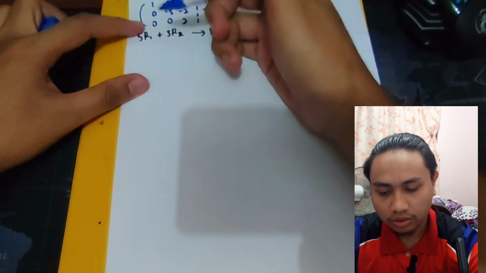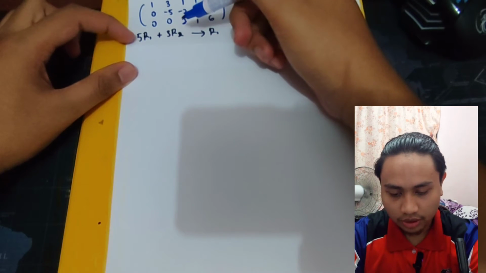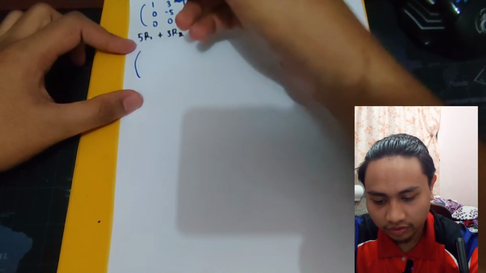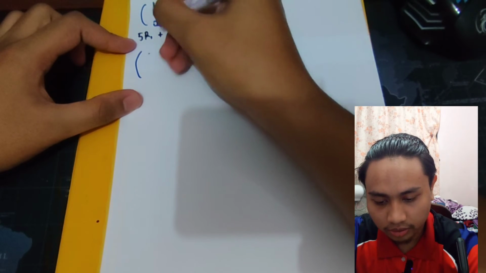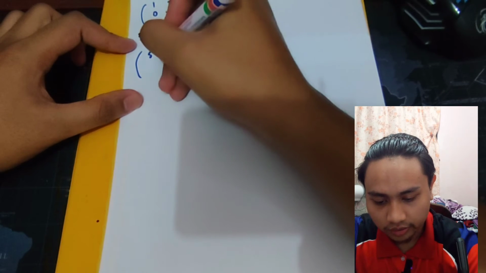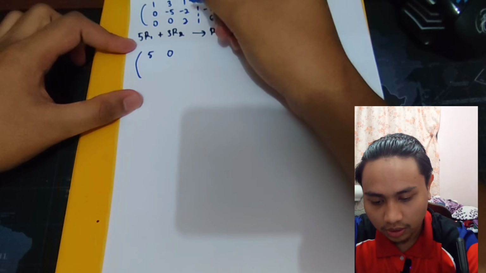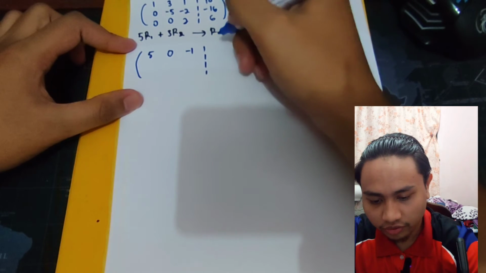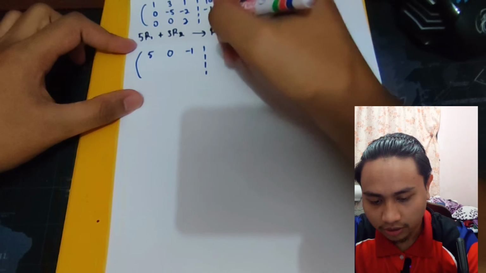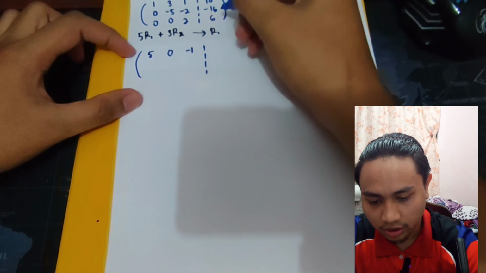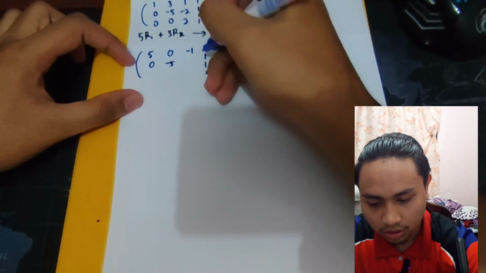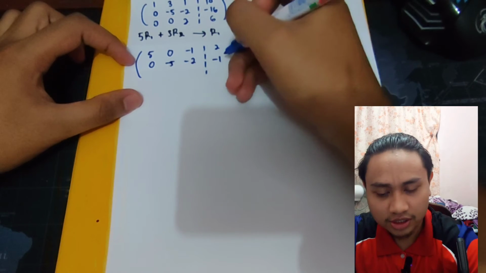Okay, now we do the operation, open bracket, 5 times 1 is 5, minus 3 so become plus 3, 5, 15, 0, 5, 5, negative 6, so it becomes -1. A line, 5, 5 becomes 2, and here we just write row 2 again because there's no operation there.